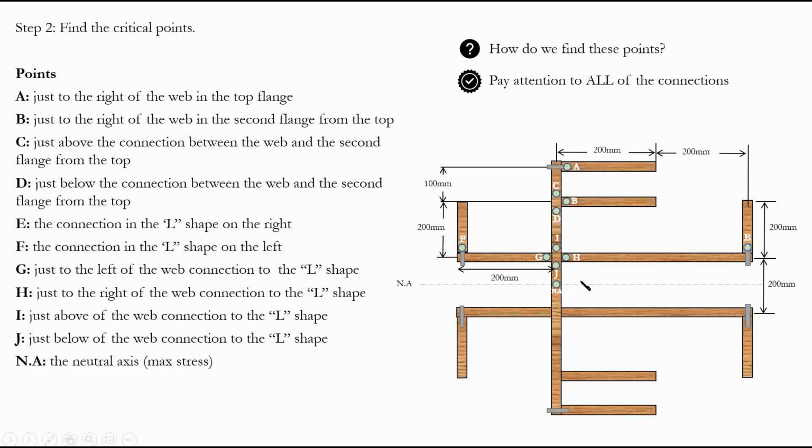Now, again, the last one is the neutral axis, and we know that this condition is the maximum shear stress distribution at this point, right? And again, this has to do with the fact that our neutral axis basically means that our normal flexural stress is 0, right?